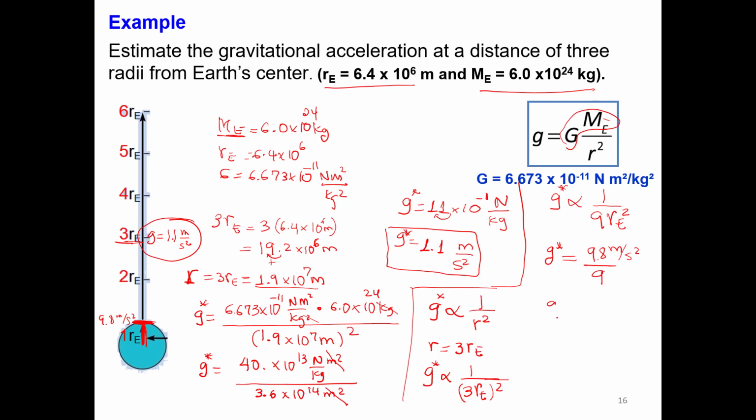If you divide 9.8 by 9, you will get 1.1 meters per second squared. The same answer.